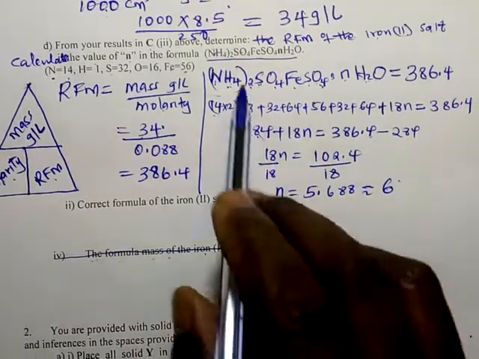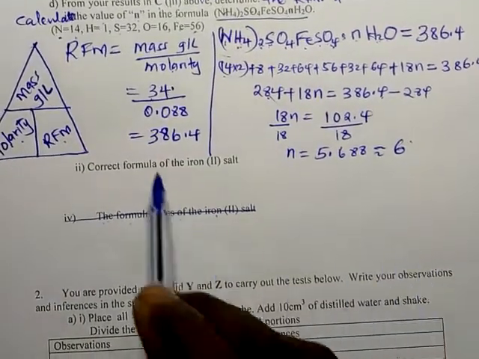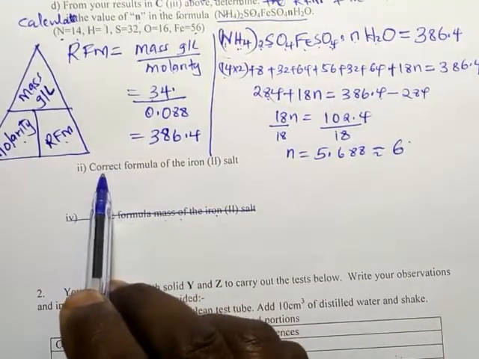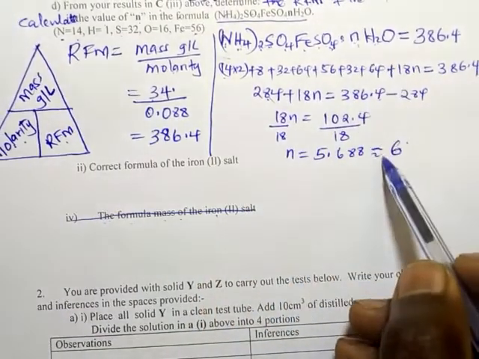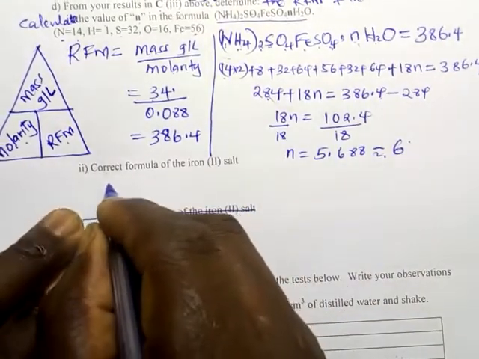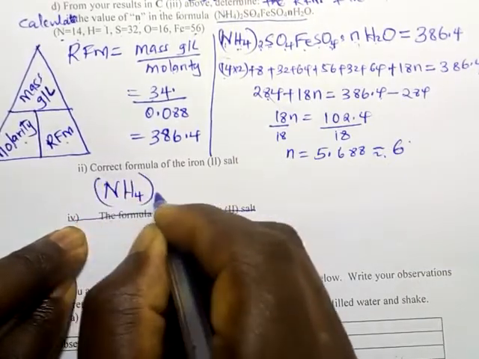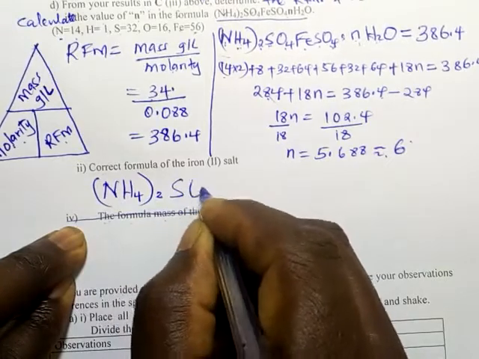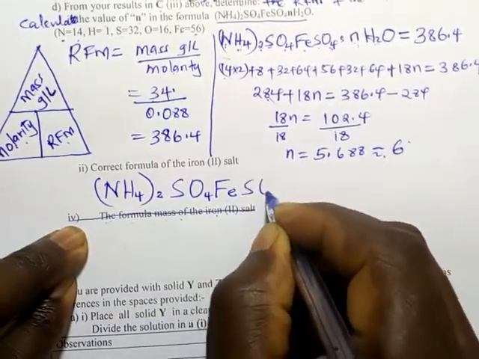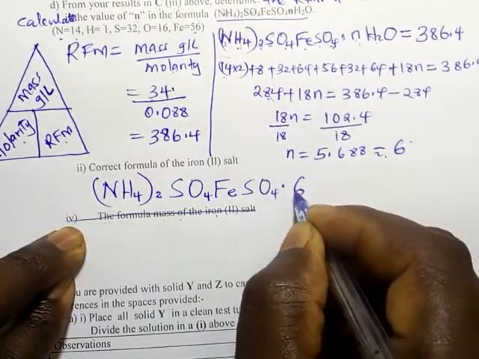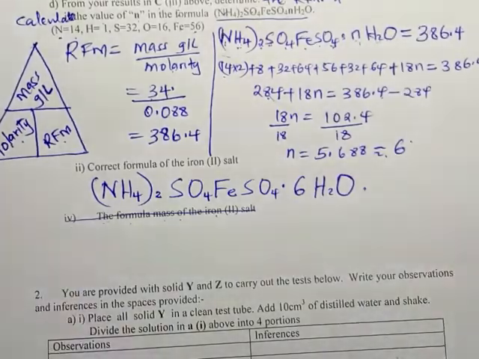So that is the value of N in this salt. Determine the correct formula for the ion. So we are going to replace N with the 6, like that.